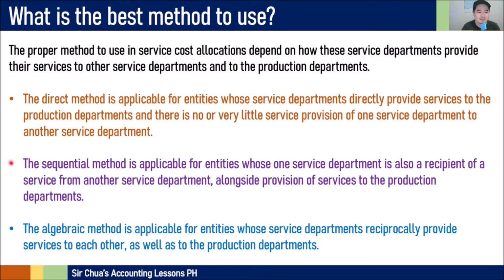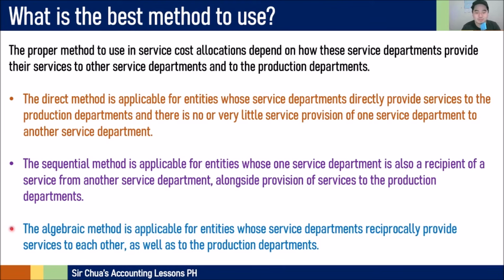So what happens is that sequential method ka. The cost of your human resource services will be allocated to the cafeteria, P1 and P2, and then whatever total cost that you have now for the cafeteria, that's what you will be allocating to production 1 and 2. Ganun siya.